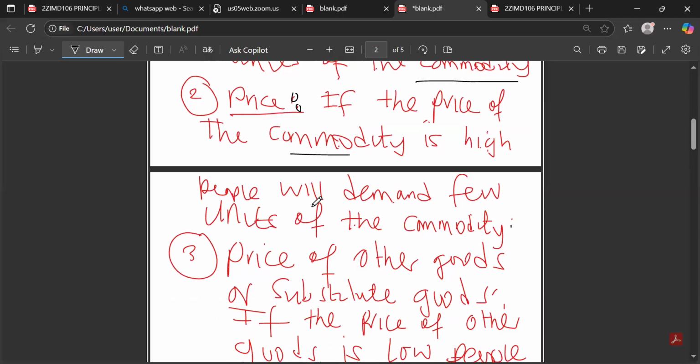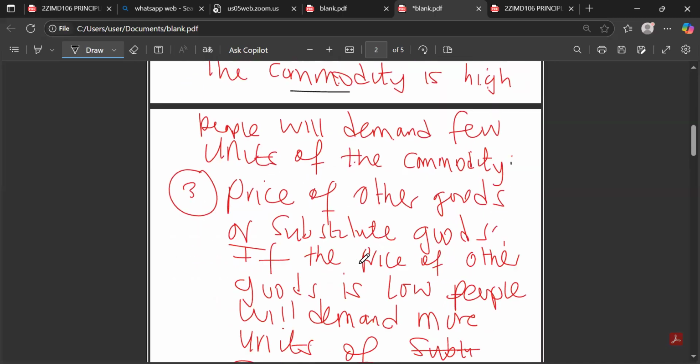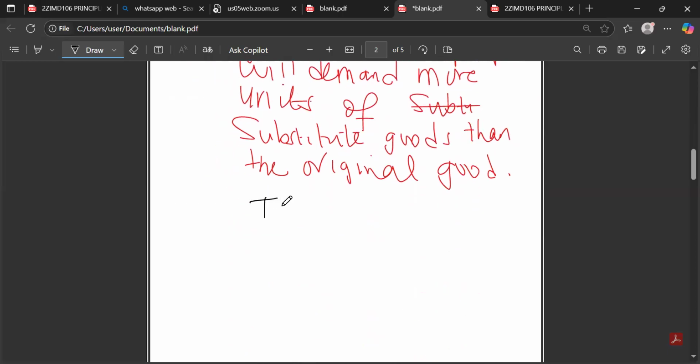Component 3, price of substitute goods. An example, tea and coffee are substitute goods. So what happens if the price of coffee is high?